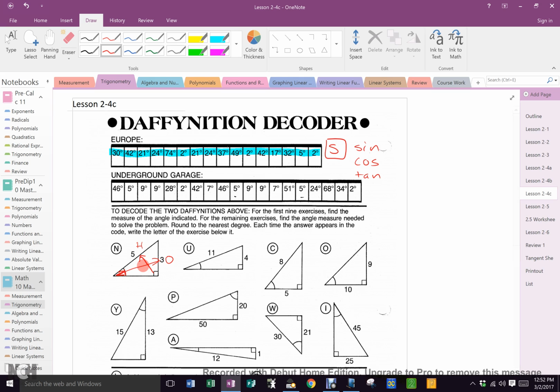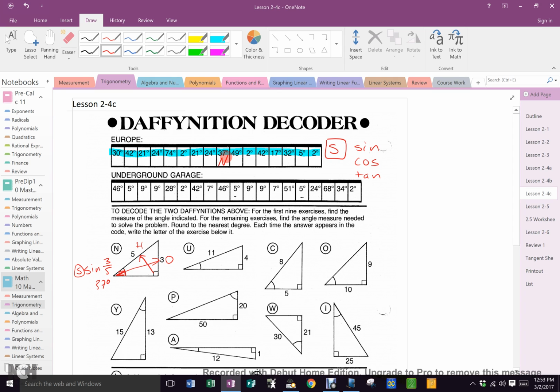And shift sine of 3 divided by 5. I can't remember what angle it gives you. I think it's 37, but I'm not totally sure. Great. So 37 degrees would get an N. Okay?